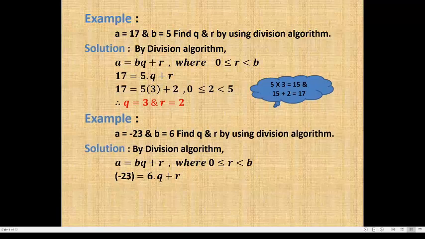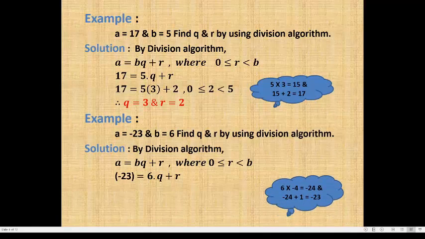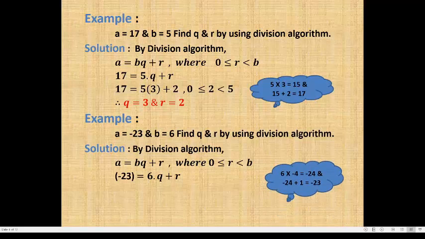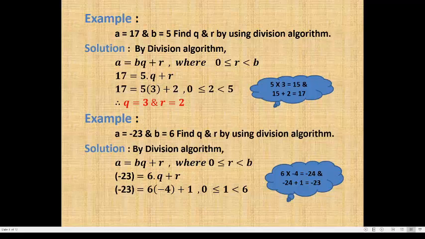Now we know that 6 4s are 24. So 6 into -4 is equal to -24, and -24 plus 1 is equal to -23. So here the quotient is -4 and the remainder is 1. So -23 equals 6 into -4 plus 1. 1 lies between 0 and 6, exclude 6. q is -4 and r is equal to 1.